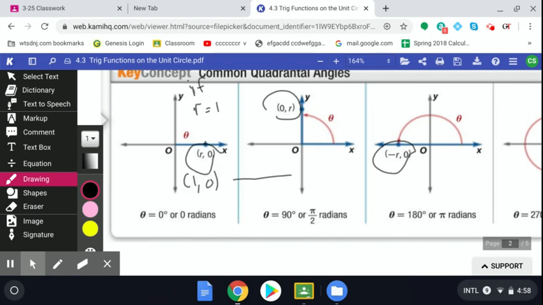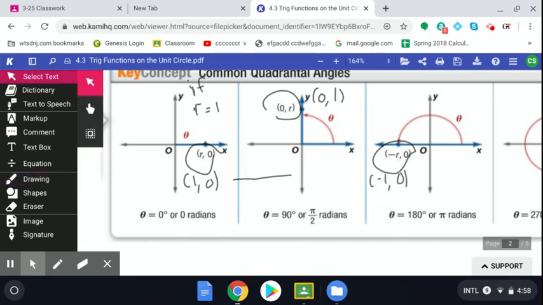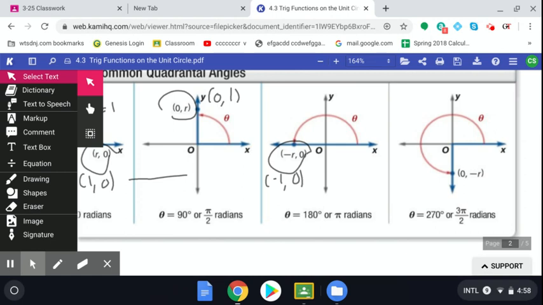If the radius is 1, this point here would be 1, 0. This point here would be 0, 1. This point here would be negative 1, 0. And then this point over here would be 0, negative 1.